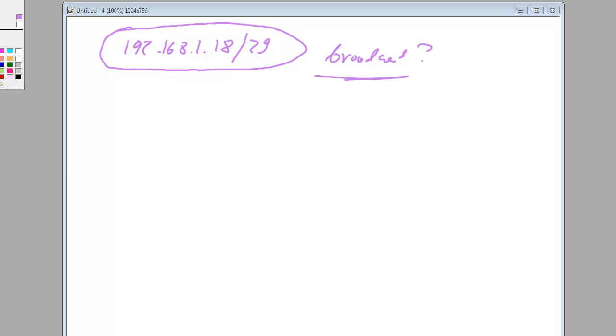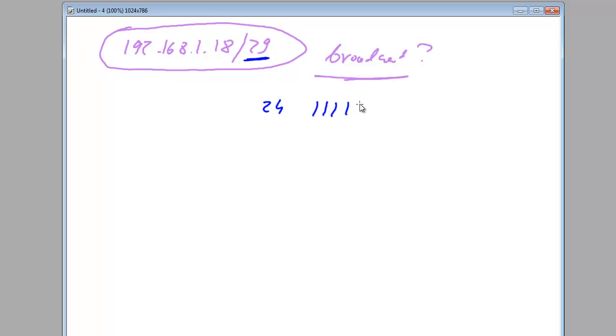So how to do that? First of all, /29 means we have 29 bits in our subnet mask. What does it mean? We know 24 is our standard class C subnet mask, and then 25, 26, 27, 28, 29.